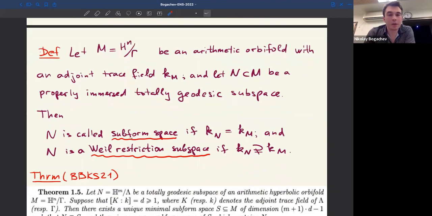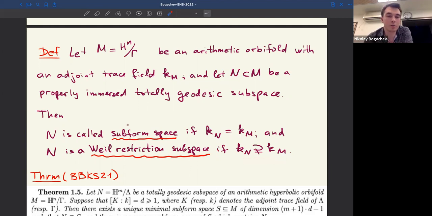What became surprising is that if we have an arithmetic orbifold M defined over some field k, and we have a properly immersed totally geodesic suborbifold N, it turned out that the joint trace field of the suborbifold can be larger than the field of the ambient manifold.